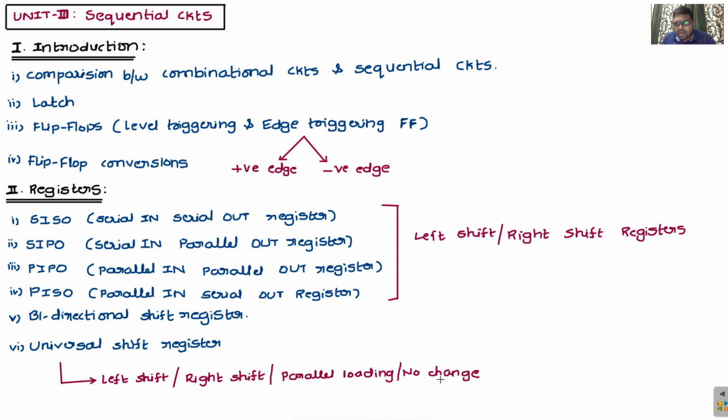So these are the four operations performed by the universal shift register.